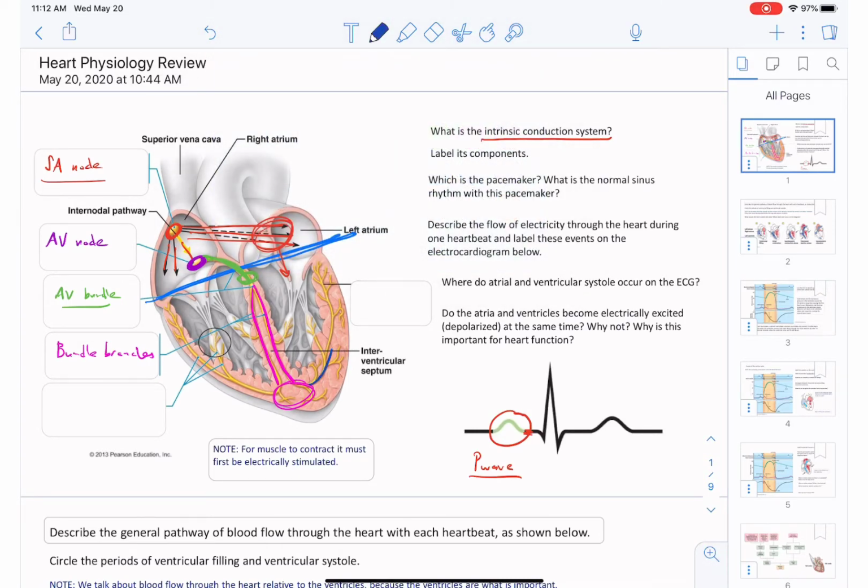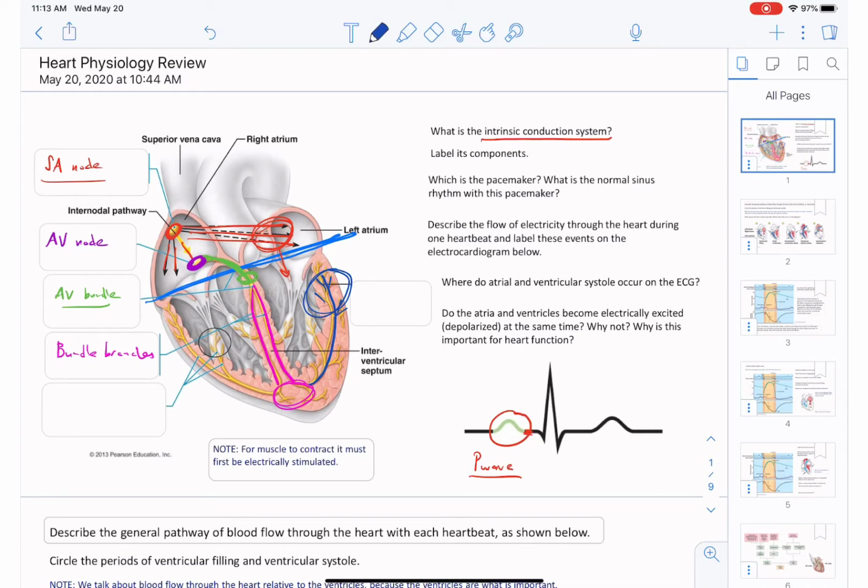And at this point, the intrinsic conduction system, these nerve-like features, distribute themselves all throughout the myocardium of the ventricles. They branch out, and their goal is to reach as much of the myocardium in the ventricles as possible.